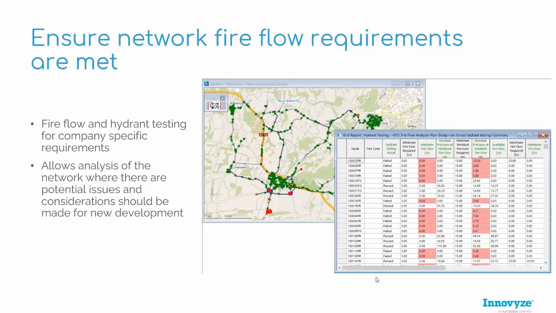Or if you're looking at a project, if you are looking at putting in increased demand, running this assessment at the beginning of your work, doing your design and your optioneering, and then checking this again at the end can ensure that you've made no detriment to the network, and that it is still providing the level of service that it should to people, but as well to this function of society. So again, this is the fire flow and hydrant testing, which is available with all of your licenses.